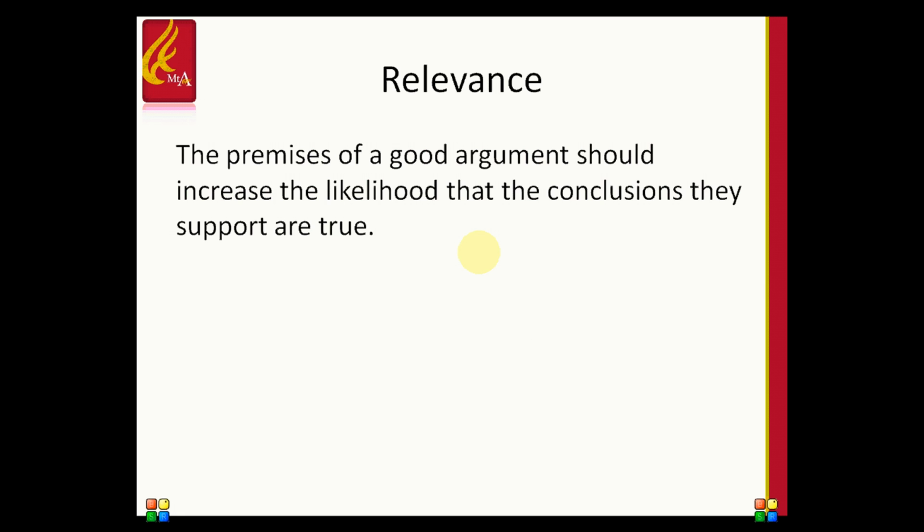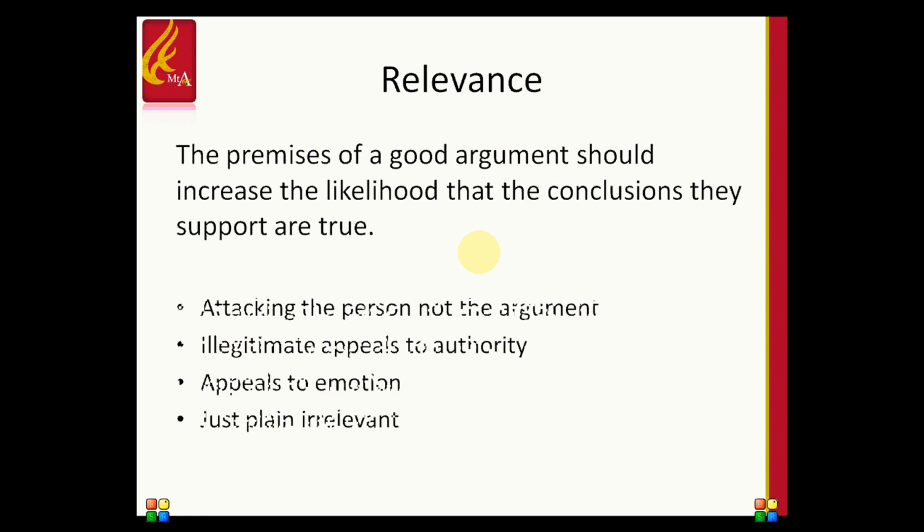Okay, so the premises of a good argument should increase the likelihood that the conclusions they support are true. So this is sort of the thing to keep in mind when you're looking at premises and conclusions and the value of an argument. Good premises should increase the likelihood of the conclusion. It should make them more believable. But there's a lot of ways in which premises can fail to be relevant in that way, or fail to help you increase the likelihood of accepting the conclusion.